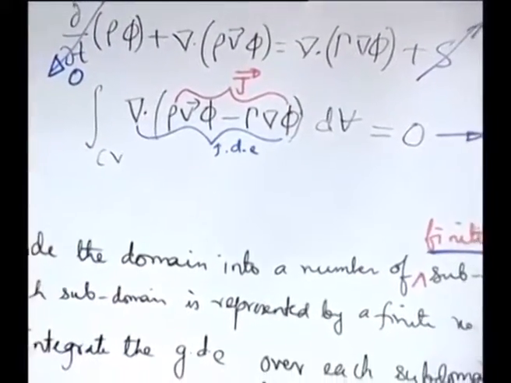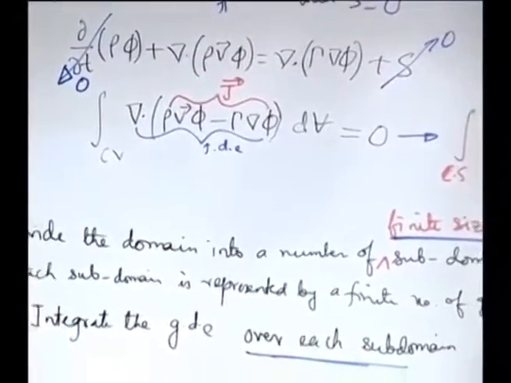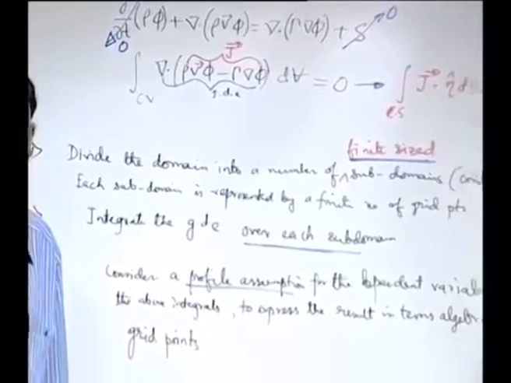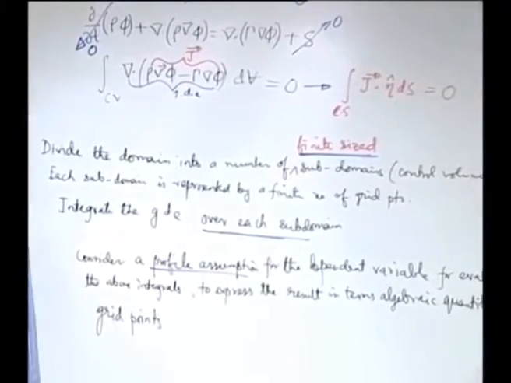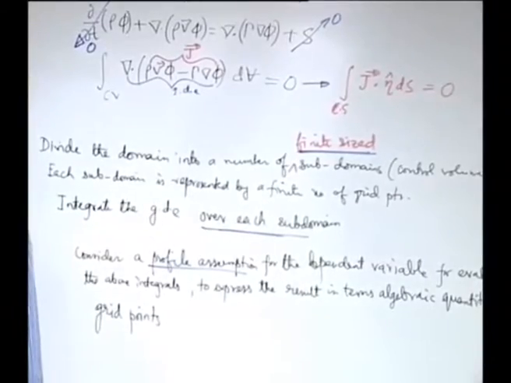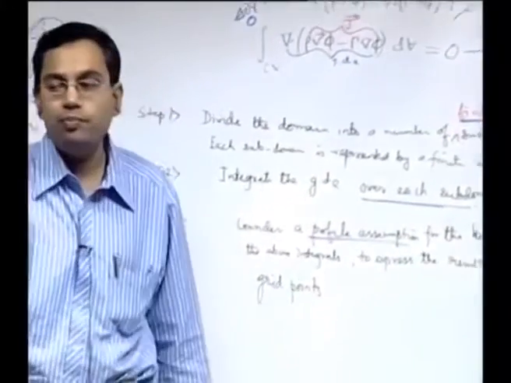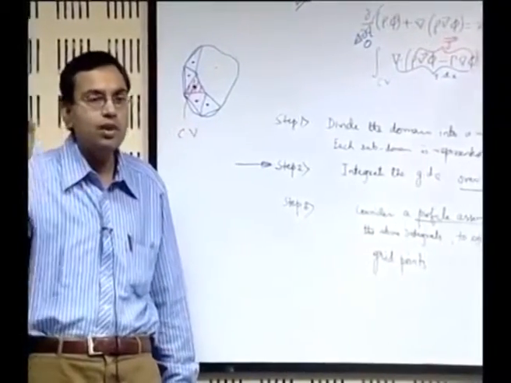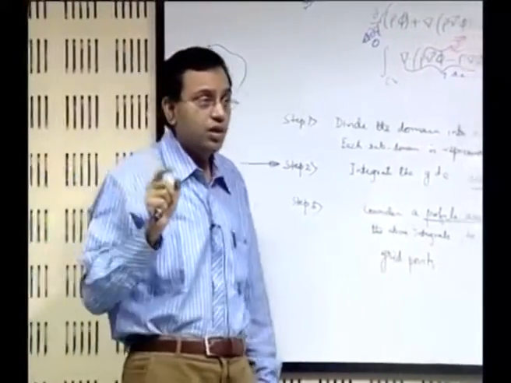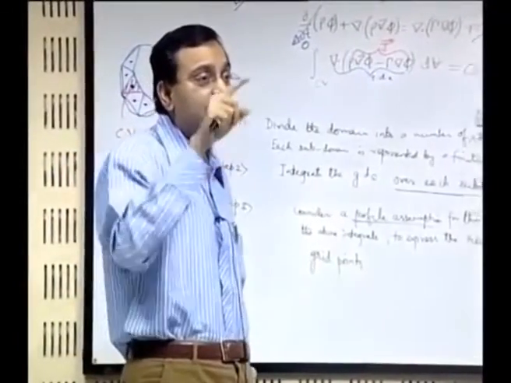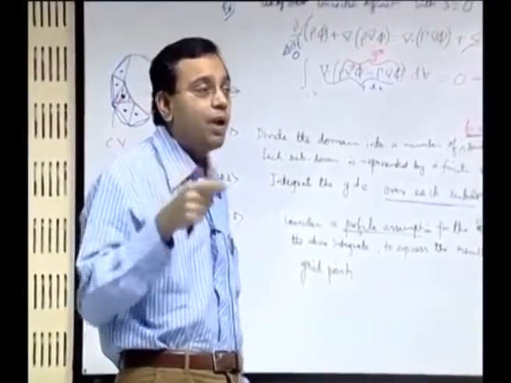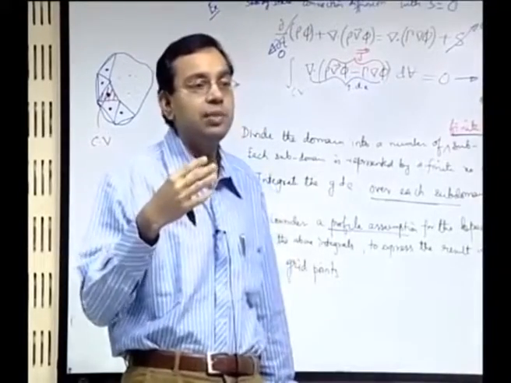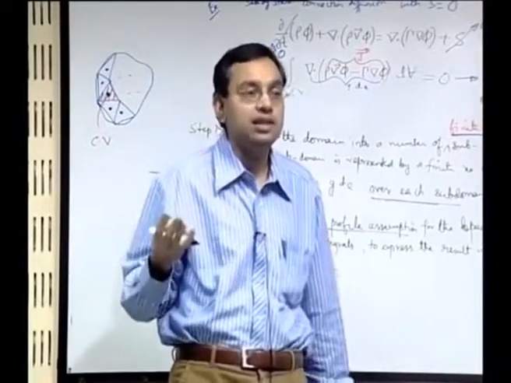The differential equation is an equation which is valid at a point, so it states the principle of conservation mathematically at a point, because we have derived the differential equation from the consideration of conservation of mass, momentum, energy, whatever. So the differential equation, when integrated over the domain, implies that we are now satisfying the same conservation principle over the entire domain in an integral sense.